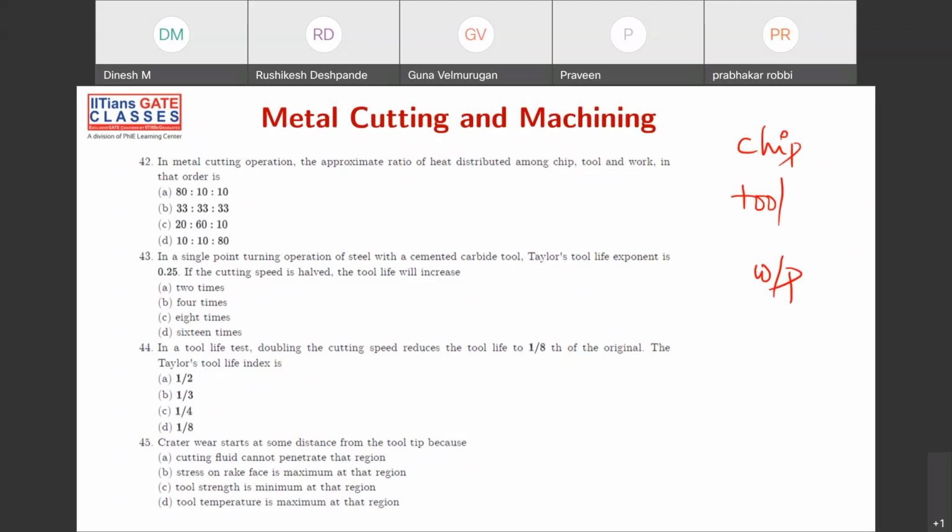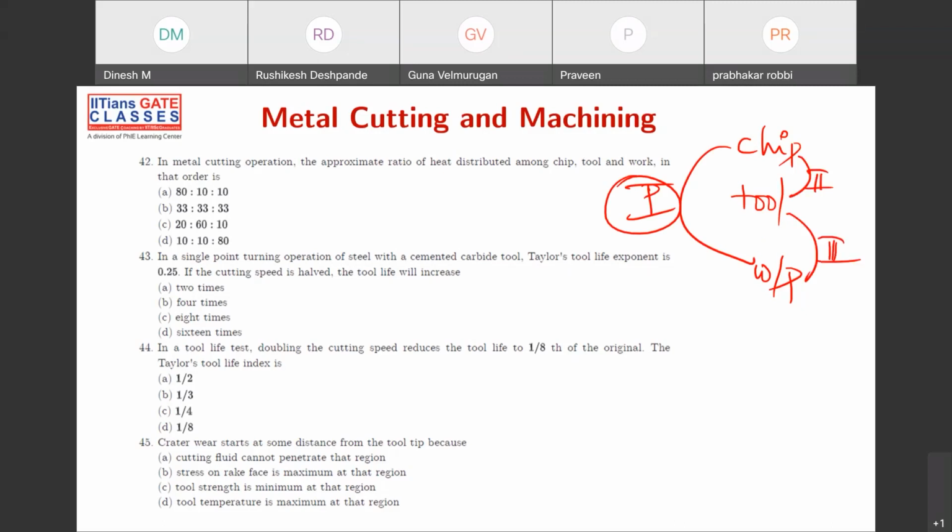Work to chip. You're right. This is the primary zone. Then the secondary zone. Secondary zone is in which one? Tool chip. You're right. This is secondary. And obviously tool workpiece is tertiary.